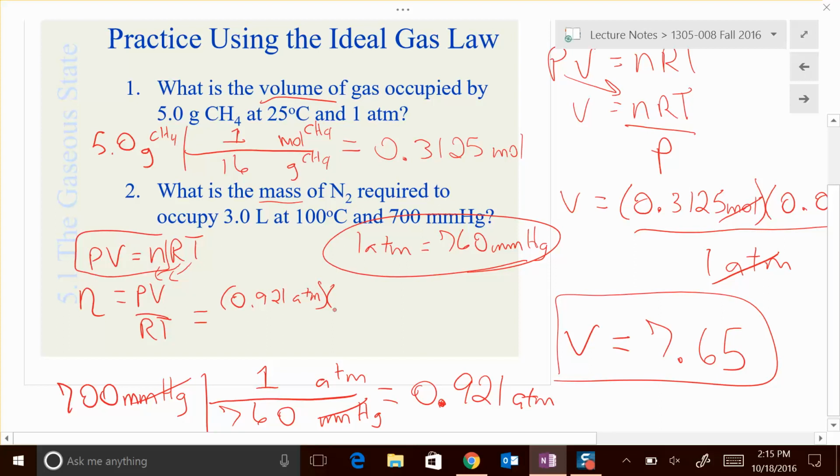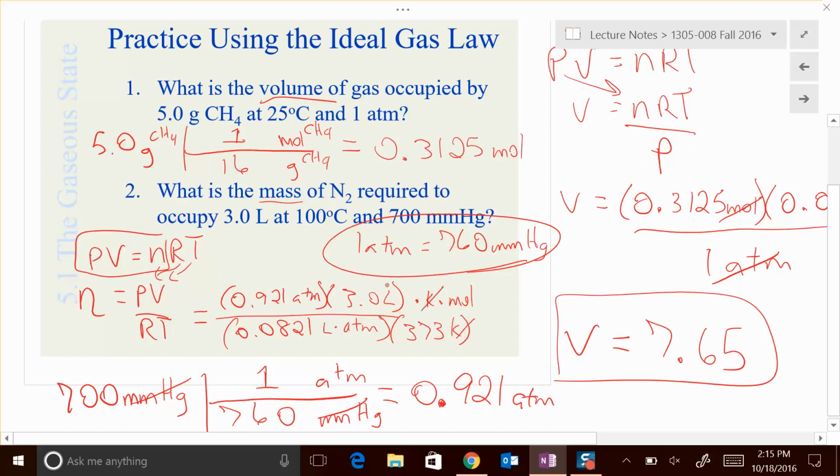So 0.921 ATM here. Volume? 3.0 liters over R. 0.0821 liter atmospheres, Kelvin moles on top. I'll just move those up there. And what is my temperature? 373 Kelvin.